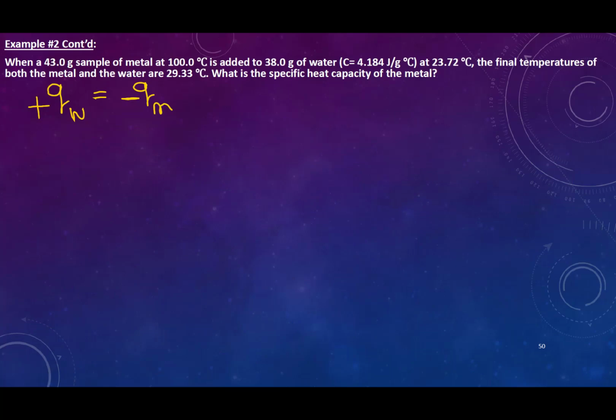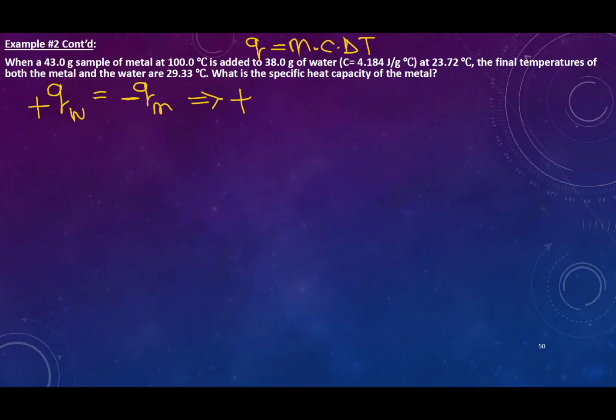All right, now let's put in the rest of the formula. Okay, now from here you could say plus, what is Q equal to? Remember, Q is mc delta T. Let's rewrite it for water and for metal.